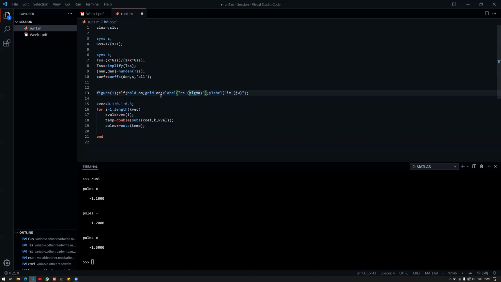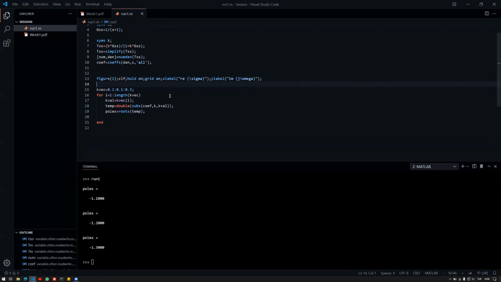If you're familiar with what LaTeX is, it's basically a coding language that generates academic papers or PDFs. So if you have certain symbols, what you can do is, for example, use sigma and omega, and a backslash here helps you in creating the actual symbol. But it's not really that important. Just let me remind you if you know what I'm talking about.